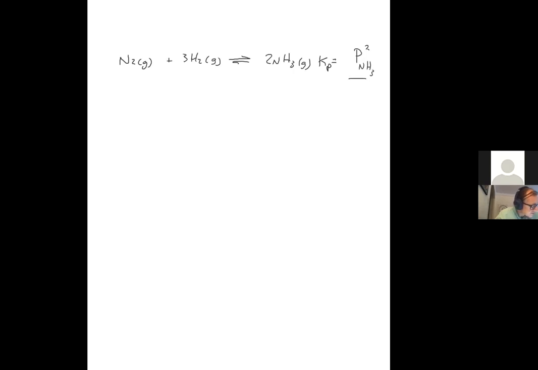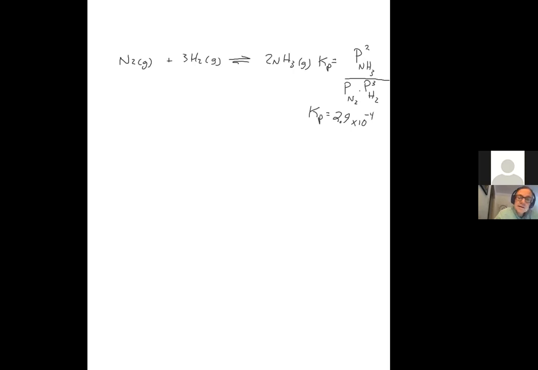Products over reactants divided by the pressure of N2 divided by the pressure of H2 to the 3rd power, right? Don't forget those exponents, right? The coefficients become exponents. And at this particular temperature, we have a value. Now I'm going to put it in scientific notation, 2.9 times 10 to the minus 4.